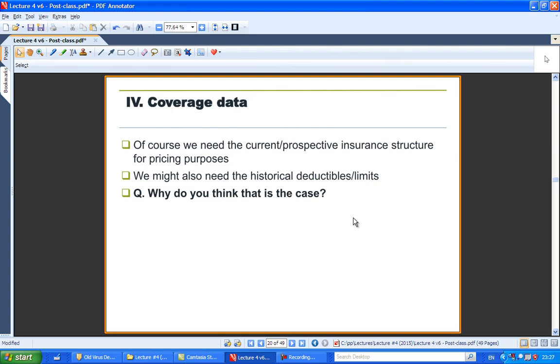I haven't, so think about it, and the answer you're probably going to find in the book, but if you still have doubts, let me know. As a hint, it has to do with the fact that, among other things, claims may be truncated or censored depending on the previous features of the policy that you write.